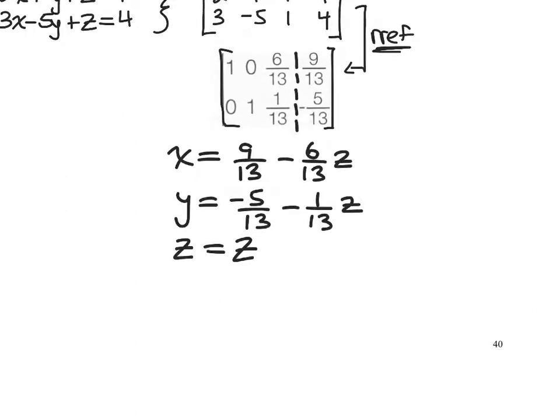Now we can let the parameter be z. GeoGebra will understand that just fine. I mean, in fact, we've let the parameter be z before. We just called it x3. So there's no reason why we have to change that up.